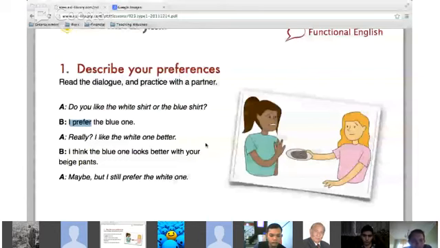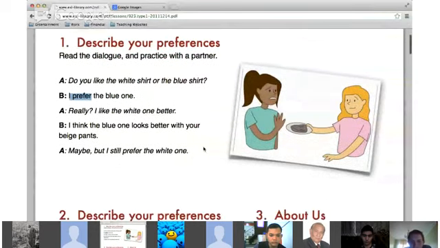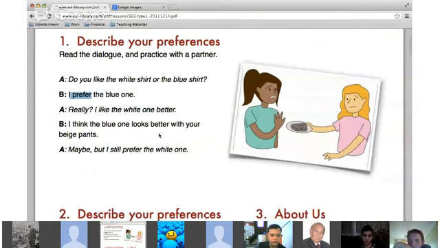Okay, let's take a look here. Really, I like the white one better. Now we can use the word better when we're talking about preferences a lot. I like this one better.